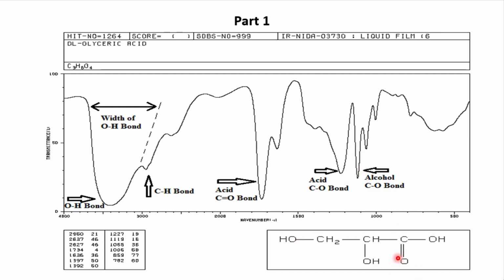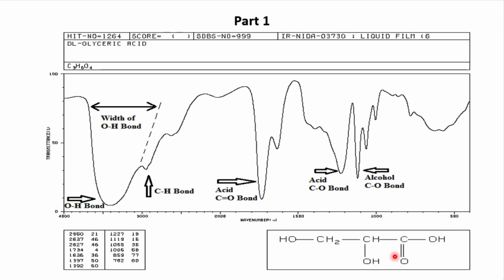So this is the structure of the compound. You see that the carbonyl functional group is here, the OH group is here. There's one CO bond here, possibly for this alcohol, and then this CO bond here is for this acetic acid functionality.